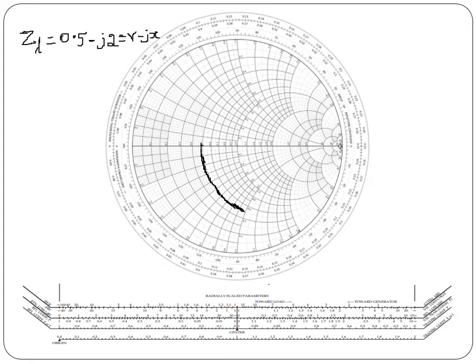Therefore, I have to travel on this minus x, minus 2x circle, and this is the ZL point.